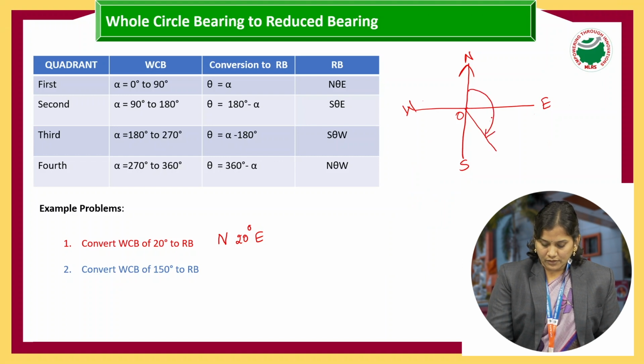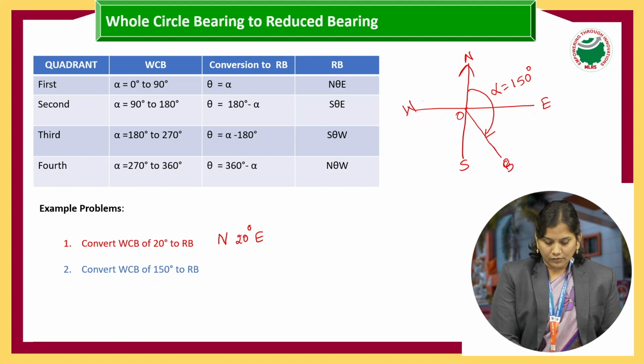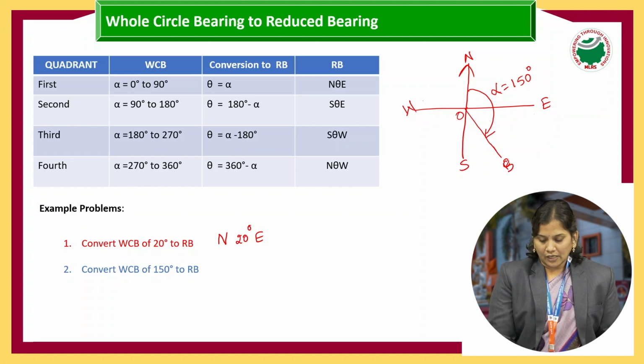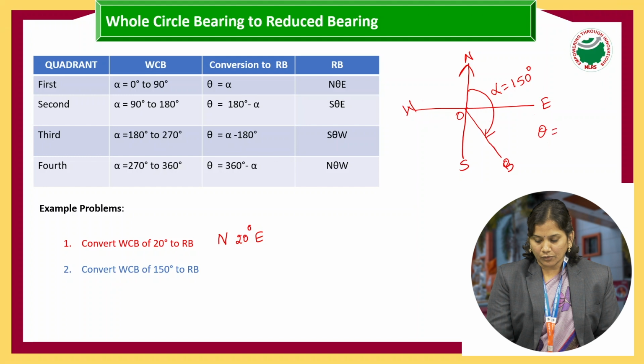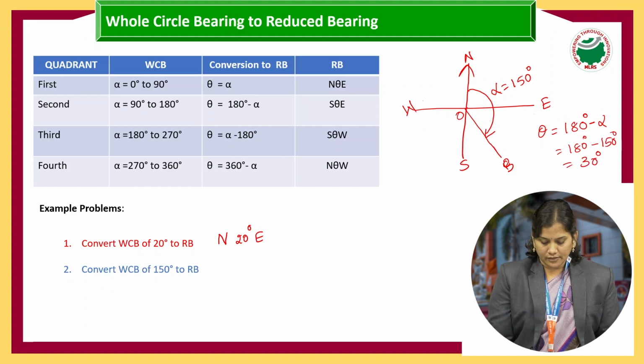North towards, now alpha equal to 150 degrees. We need to remember, when whole circle bearing is in second quadrant, theta equal to 180 degrees minus alpha, that is 180 degrees minus 150 degrees, that is equal to 30 degrees.